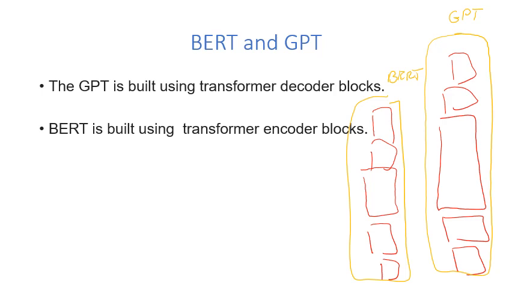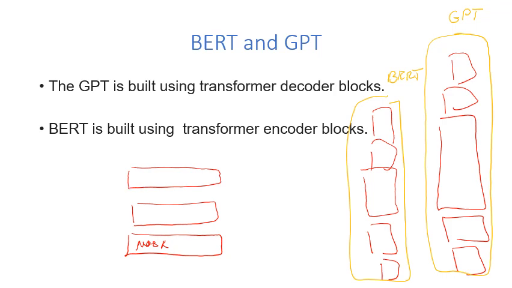Okay. In the decoder, if you remember, we had this masked self-attention. We had a layer which was basically cross attention between encoder and decoder, and then we had a feed-forward neural network.